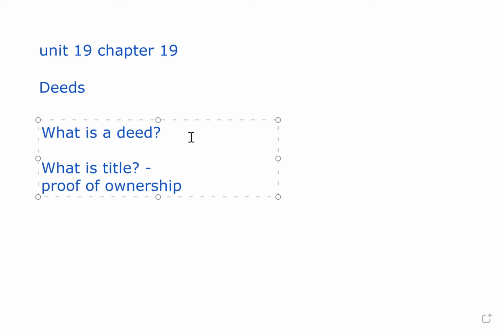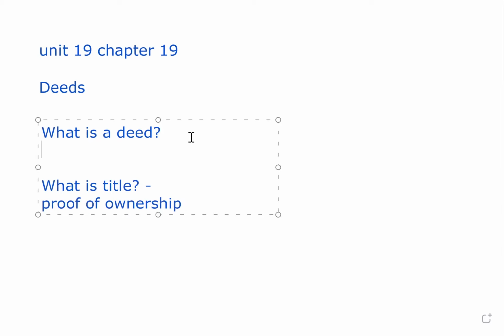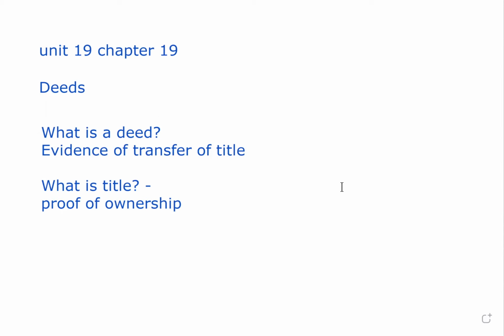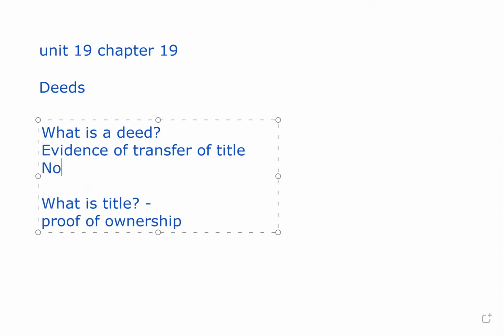So now, magical question, what is a deed? A deed is evidence of transfer of title. Now, bottom line is, with a deed, you do not necessarily have ownership.